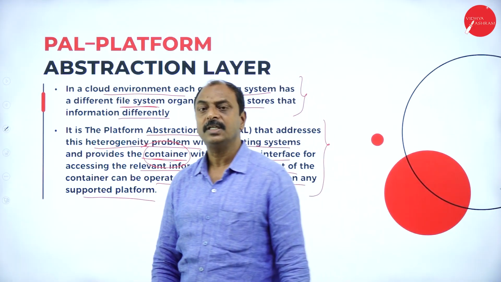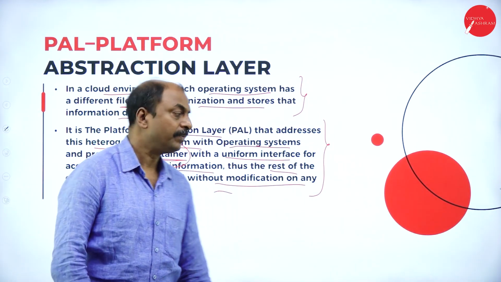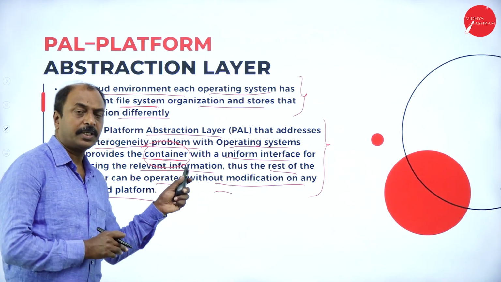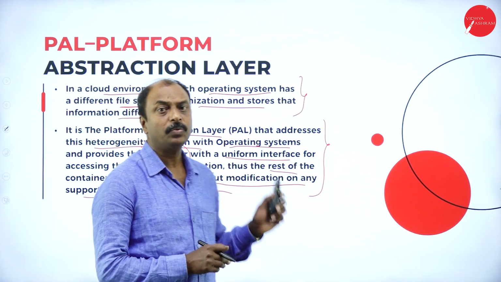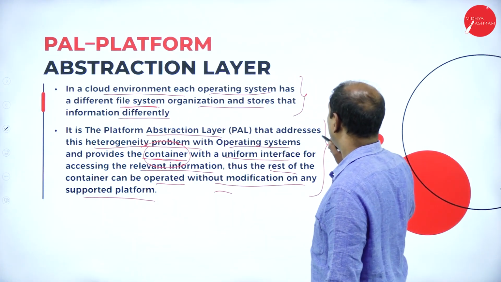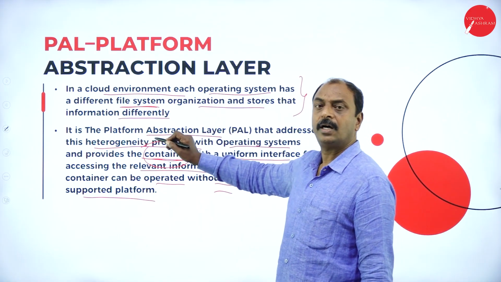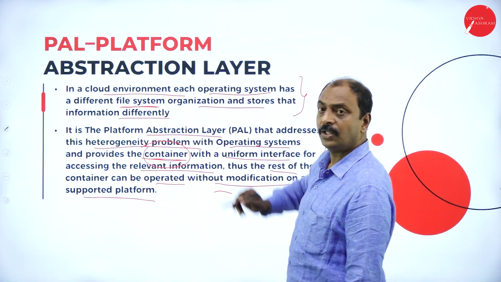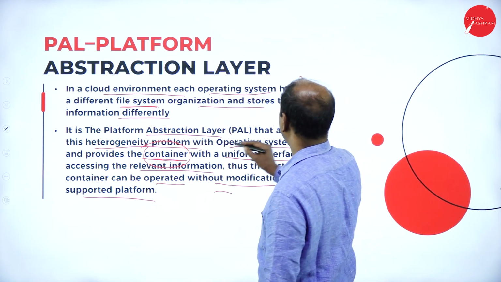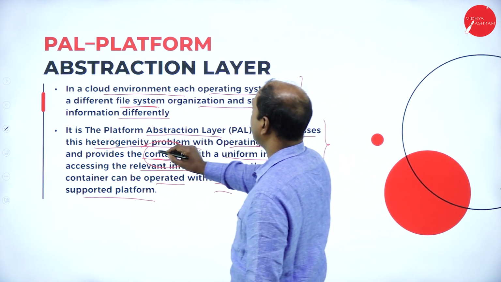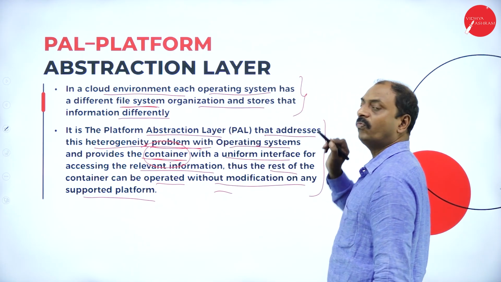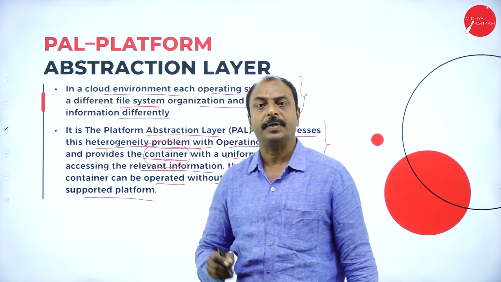So the user does not find any problem accessing the information inside the container through PAL. That is an important function of the platform abstraction layer. That is the meaning of addressing the heterogeneous problem with the file system across different operating systems.